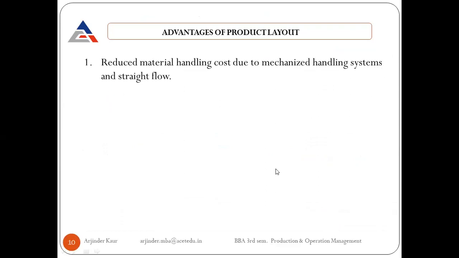Now comes the advantages of product layout. The first advantage is that it reduced material handling costs due to mechanized handling system and straight flow. Generally, what happens when product layout is used, we can make use of conveyor belts to move the machinery from one place to another place.